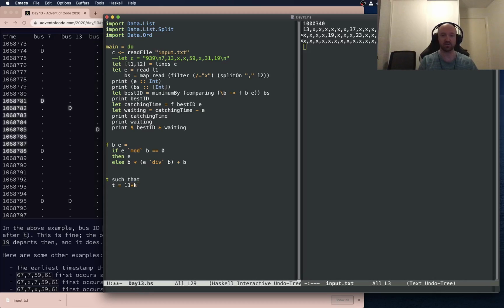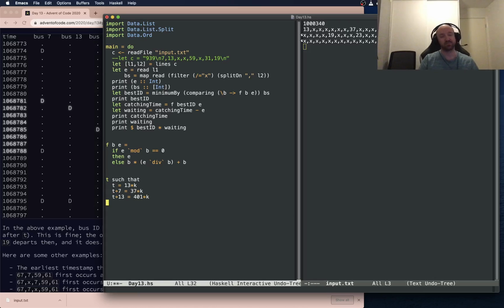So T is equal to 13 times some K. T plus 7, I think that was 7, wasn't it? 1, 2, 3, 4, 5, 6, 7. T plus 7 is 37 times K. And we're interested in one that T plus whatever that is, 13, 8, 9, 10, 11, 12, 13. T plus 13 equals 401 times K. And so on for all of the buses.